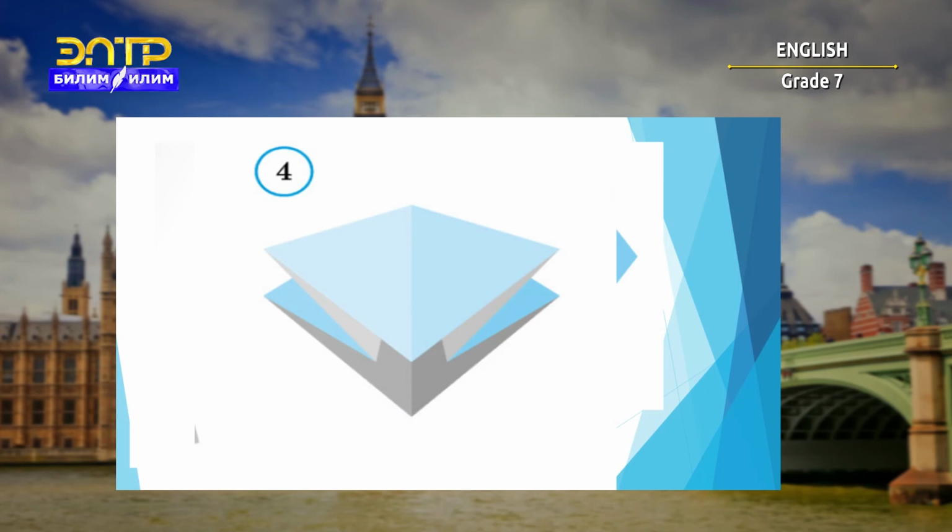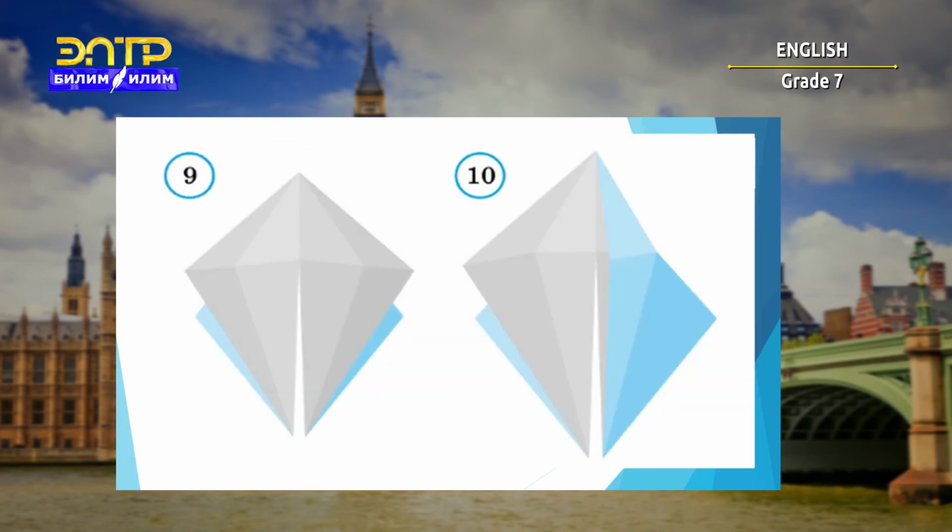And the next one, 9th step, open the top flat. In the next step, fold both sides inward.